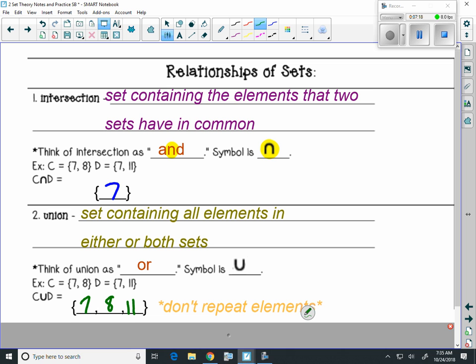That's the union of C or D. Okay, questions so far? All right.